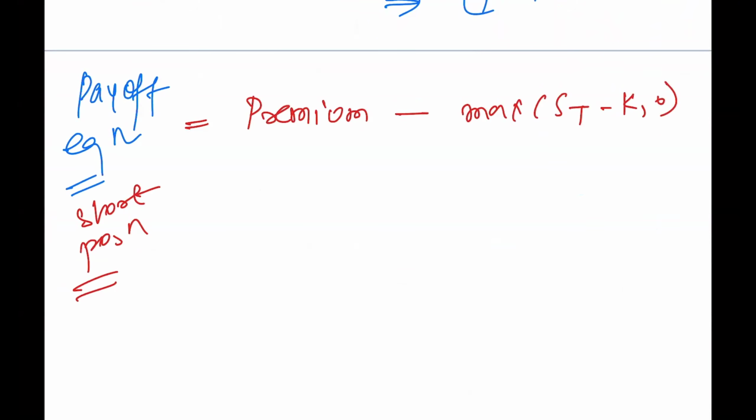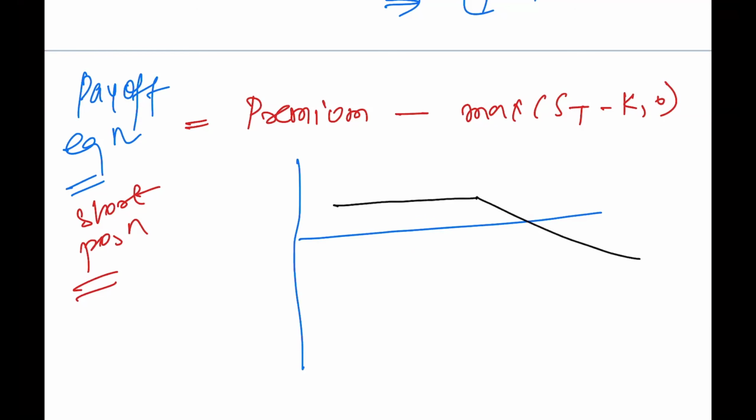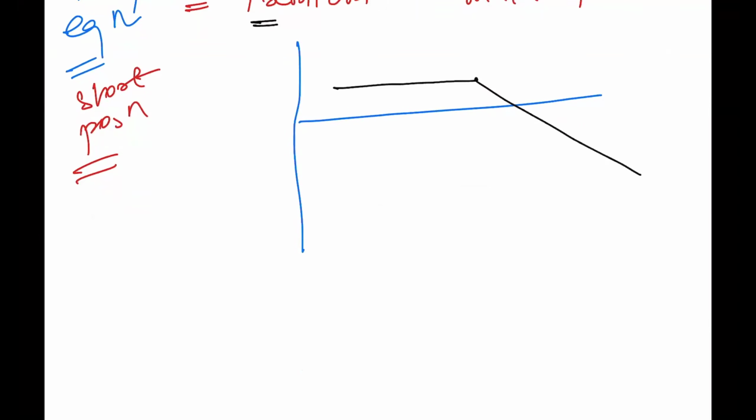Now when we draw the diagram, and I'll also show you with the Excel, and then we can complete the class. When you use this equation to plot the diagram, it will look something like this. This is for a short position, and for a long position, it was something like this, if you remember.